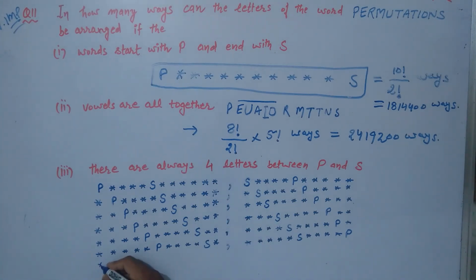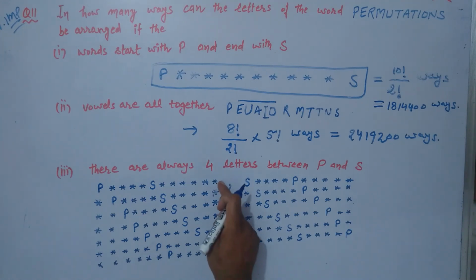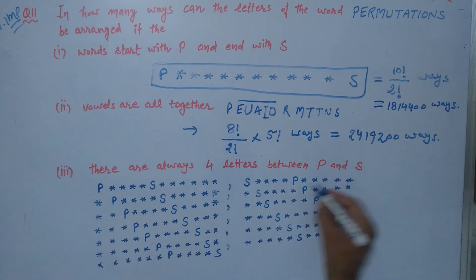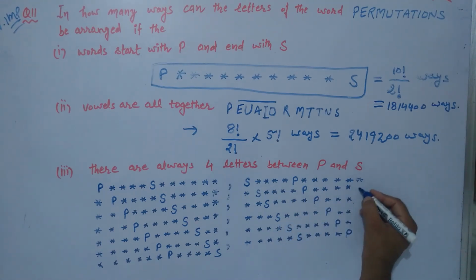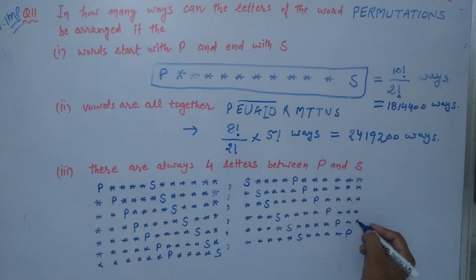So this will become like this now. P occupies the next place, S occupies the next place. Therefore 1, 2, 3, 4, 5, 6, 7 rows are here. Likewise here also one letter is increased because there was a counting mistake.